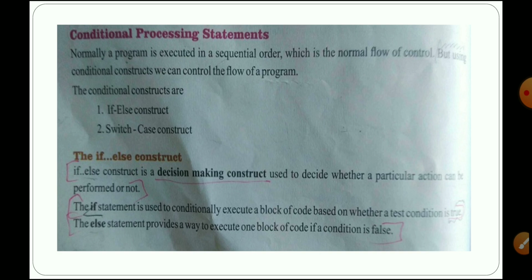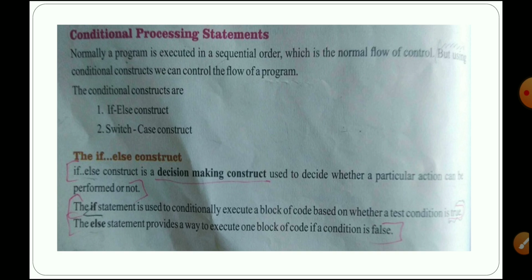What does the if else construct mean? The if else construct is a decision making construct, used to decide whether a particular action can be performed or not. This if else statement is used to make a decision based on the condition, so which action is going to be performed now or not. That is called an if else construct.